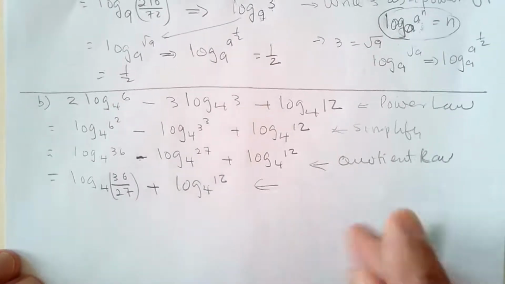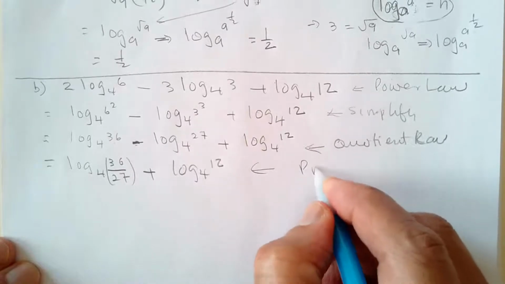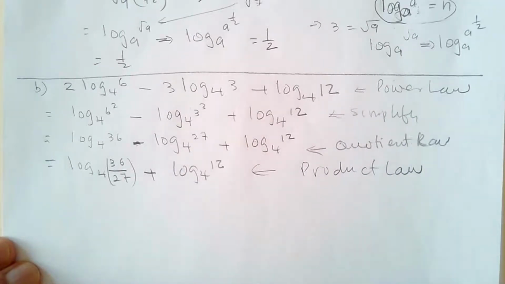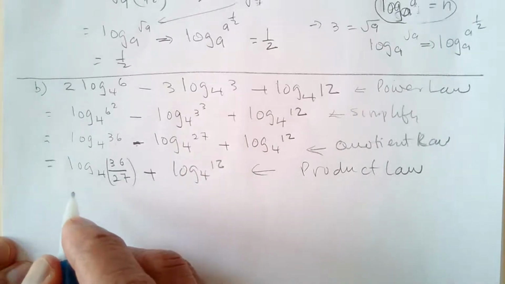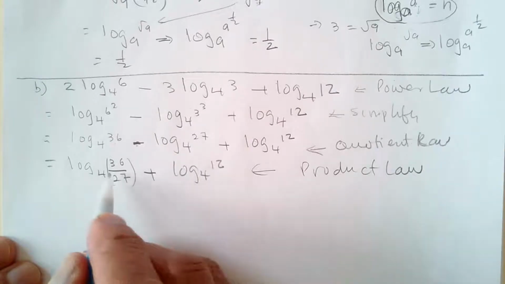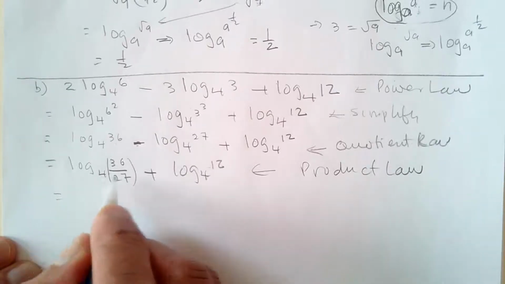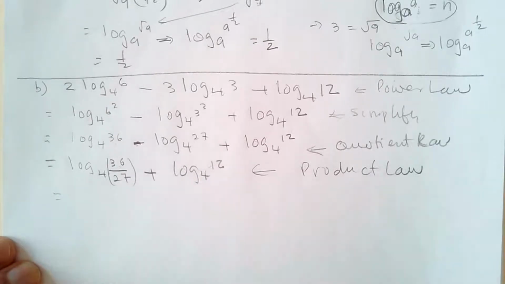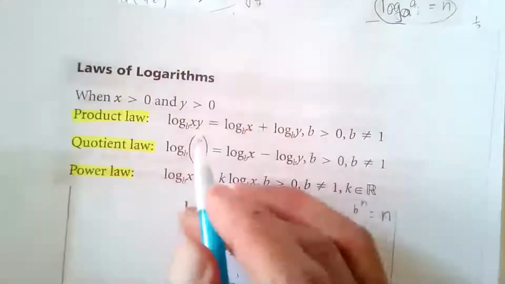Now we can apply our product law. We multiply. The base is the same here. So we have 36 times 12. And just remember what you're doing with your product law.